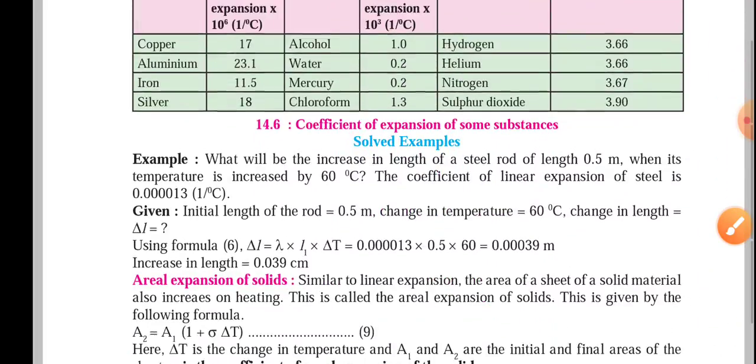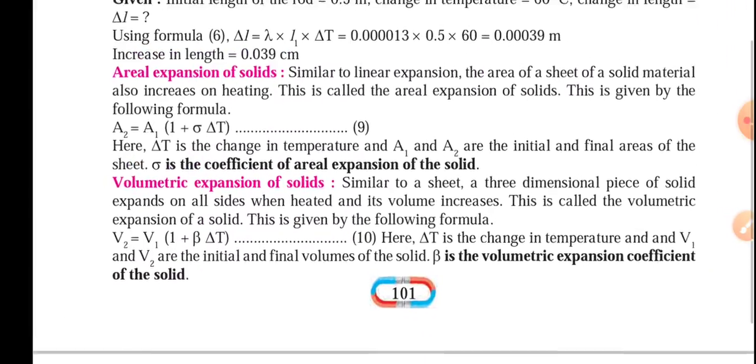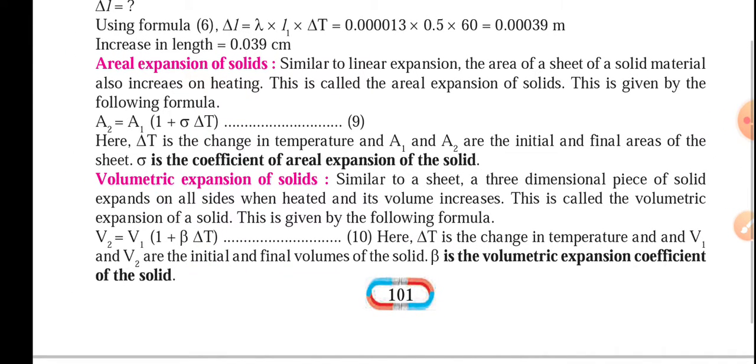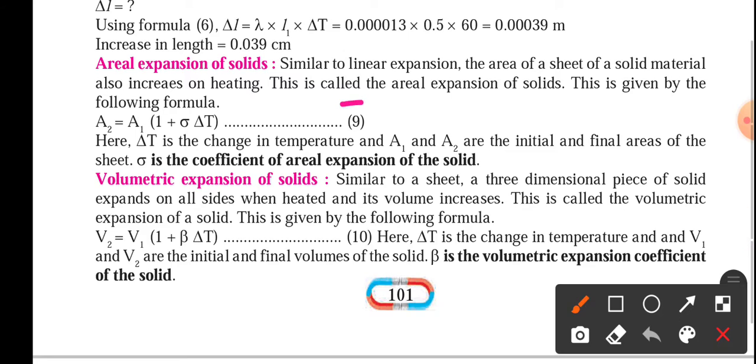Now, the next we have to discuss is the areal expansion of solids. Similar to linear expansion, the area of a sheet of a solid material also increases on heating. First we discussed wires. Now suppose instead of a wire we have a flat sheet of the material, then the size or area of that is also expanding or increasing.